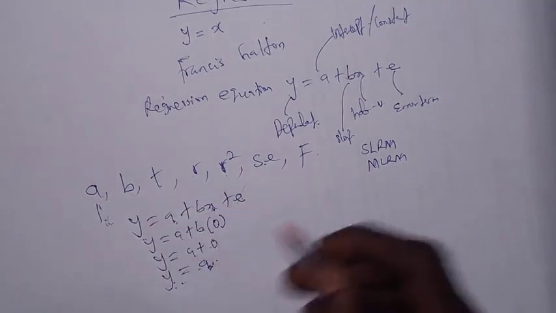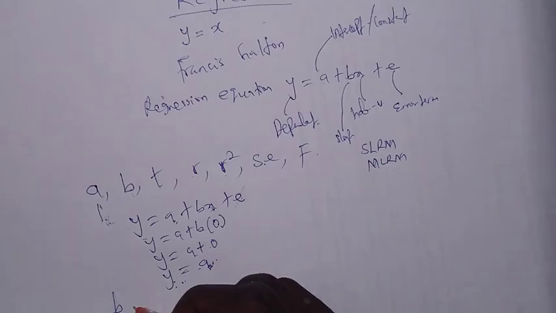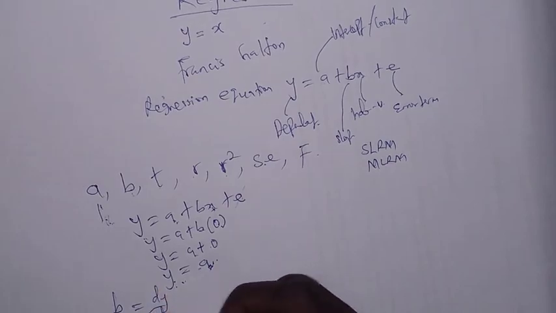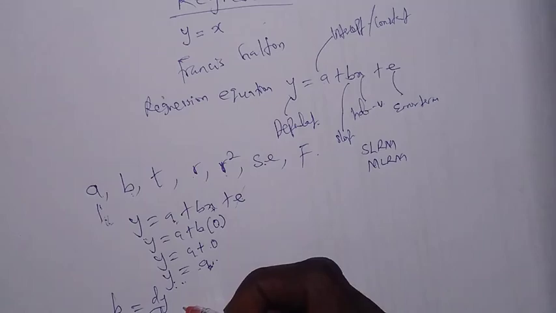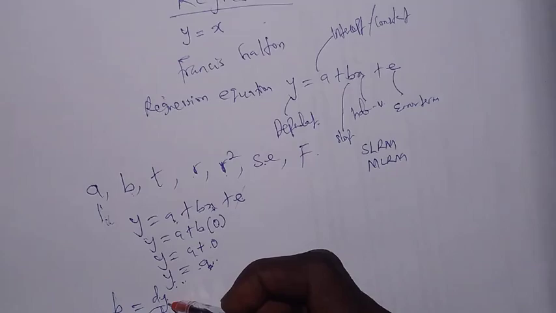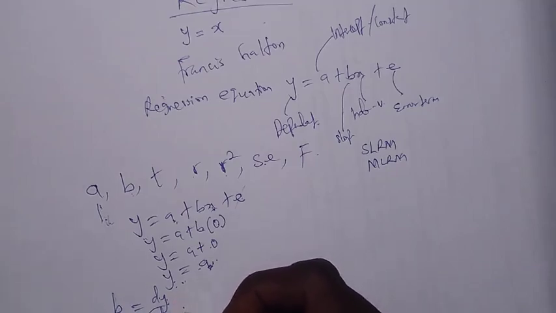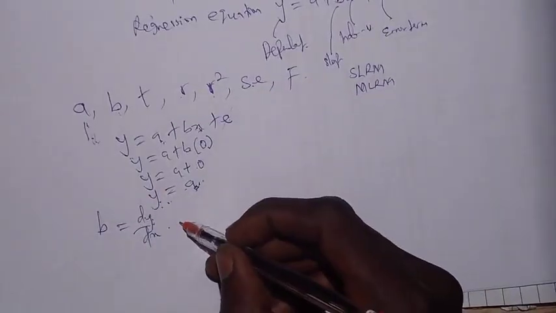Now next is b. B is the slope coefficient. B is dy dx. B is the slope coefficient, the amount by which the dependent variable changes as a result of change in the independent variable.